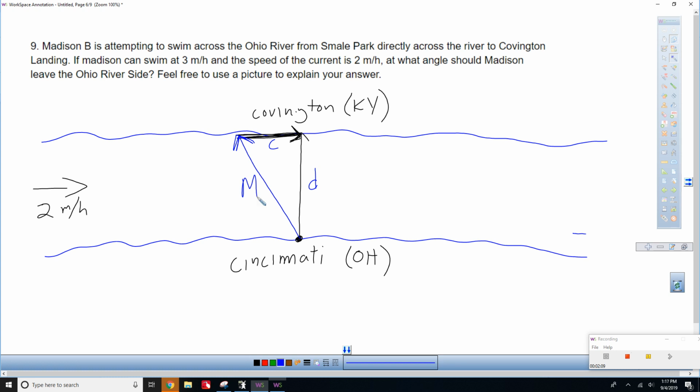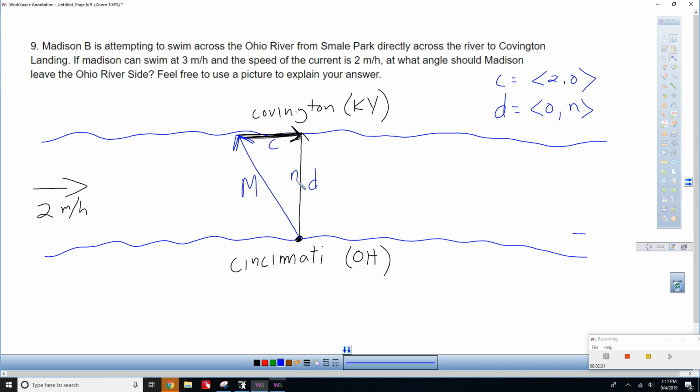We know that C is 2, 0, right 2, up 0. Okay? We know that D is 0, something. We don't know how far the river is. We don't even need to know. And we're going to get to that.